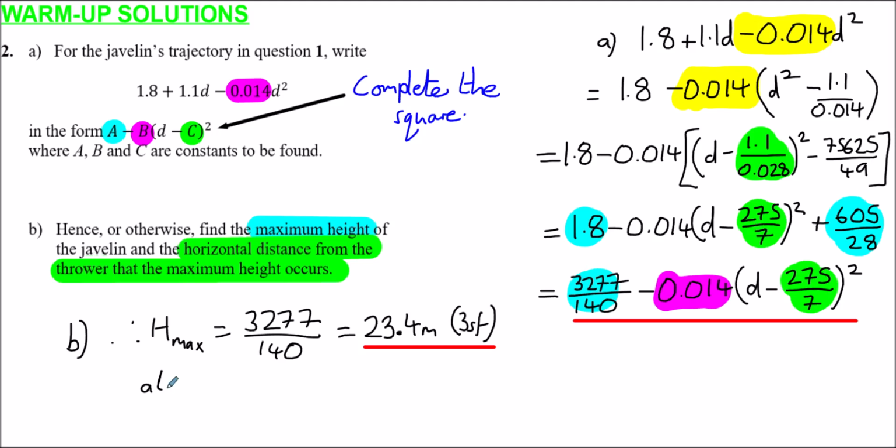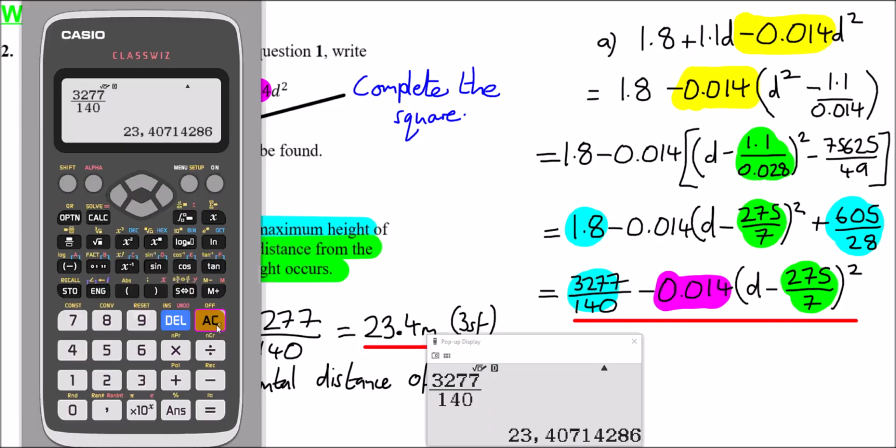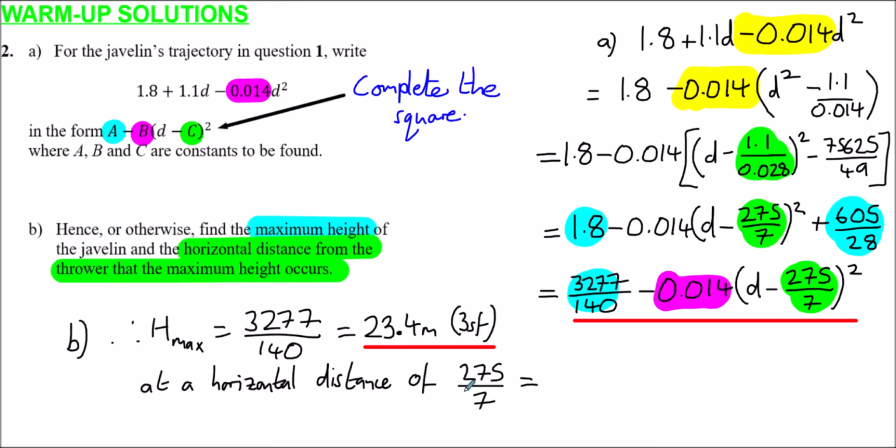So at a horizontal distance of 275 over 7, which is, let's see, 275 over 7 comes to approximately 39.3 meters away. And that's all there is to it.